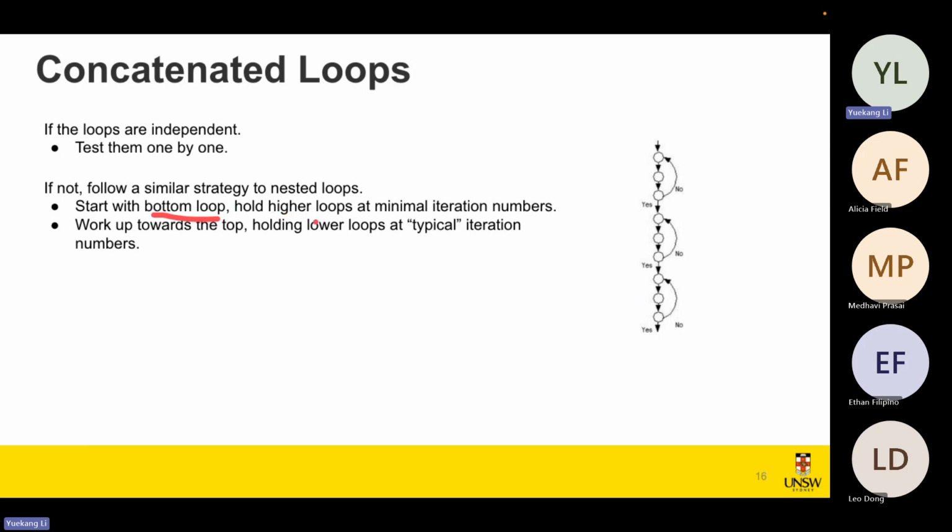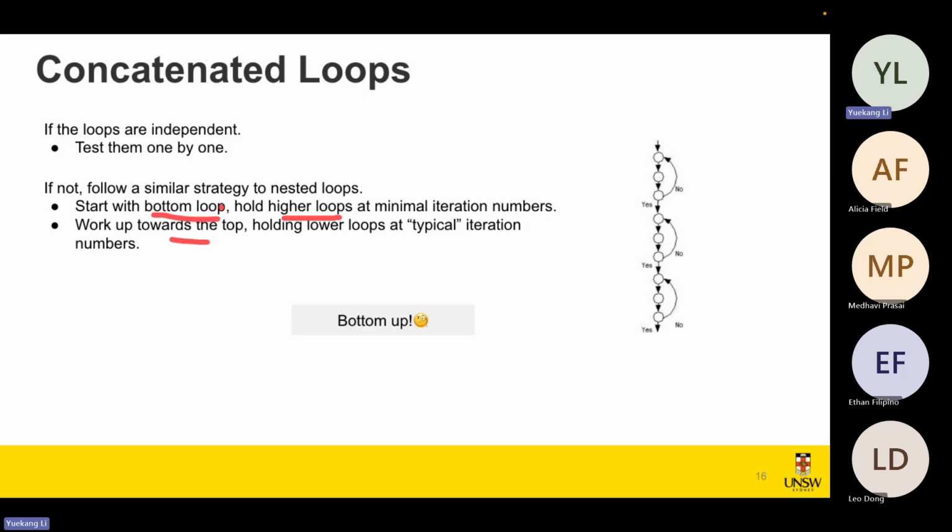Because they are not independent. So we just fix the number of the higher loops and try out different values for the bottom loop. And then we can move up one by one. And this is very similar to how we deal with nested loops, right? We deal with the innermost loop while fixing the value of the outer loop, and we move out one by one.